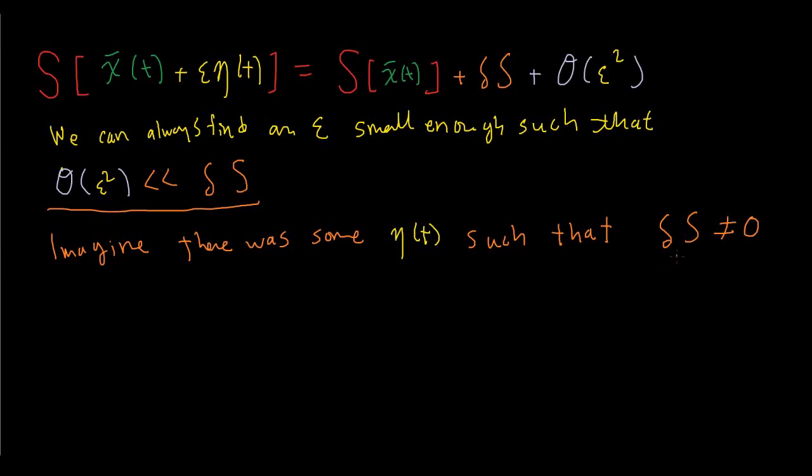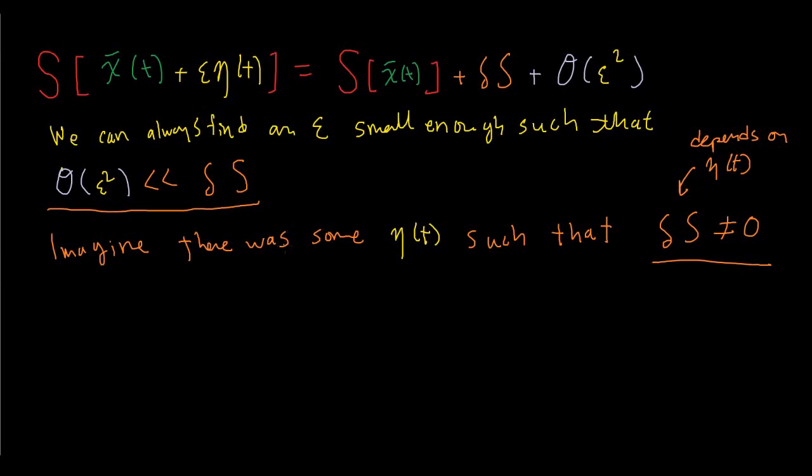We said our path is an extremum when delta S is equal to 0. I want to really investigate that claim. So I'm saying imagine there was an eta of t such that delta S wasn't equal to 0. And remember that delta S depends on fixing an eta of t beforehand, right?